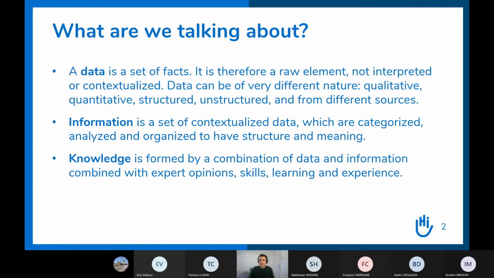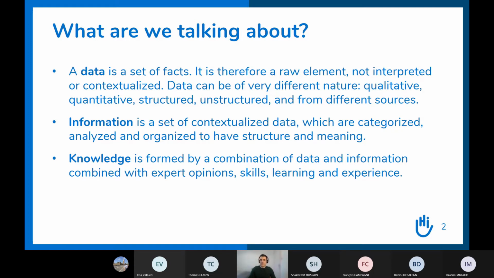So it can be of different nature. It can be qualitative. So it can be just a sentence that you pick from something, from an interview, from a reading. It can be quantitative, it can be a number, it can be a category, something like that. And it can be structured or unstructured.